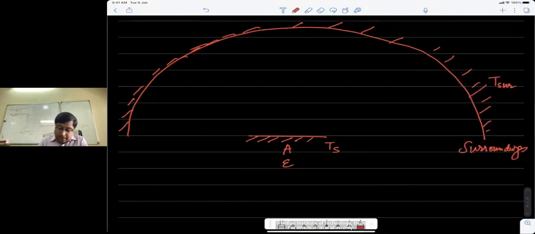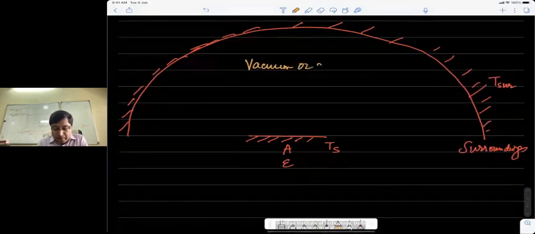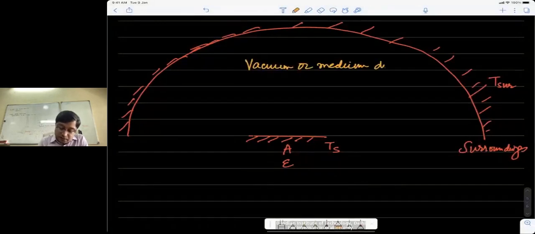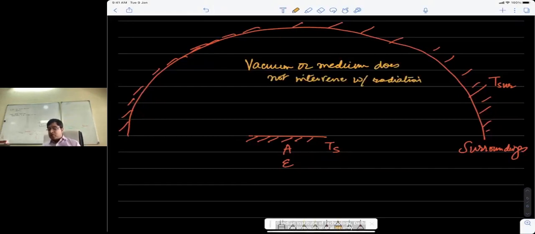There may be a medium. So either the intervening space is vacuum, or there is a medium, but the medium does not intervene with radiation, which basically means that if these two surfaces are emitting radiation, the medium is not going to absorb that radiation.